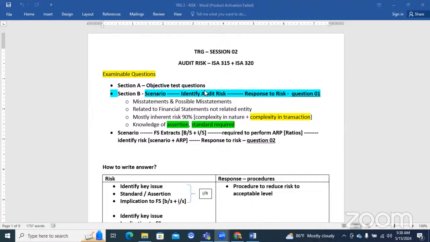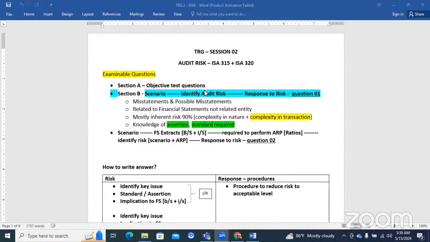But possible misstatement is something different. For example, revaluation of assets. We revalued an asset. It does not mean that we are not complying with the standard, because revaluation is allowed by IAS 16 Property, Plant and Equipment.